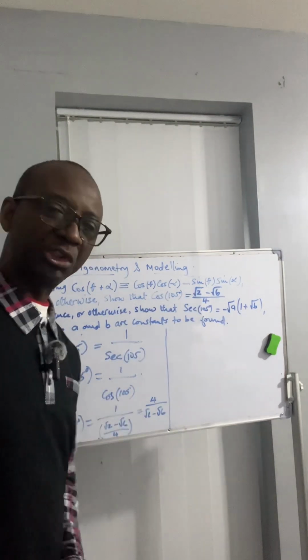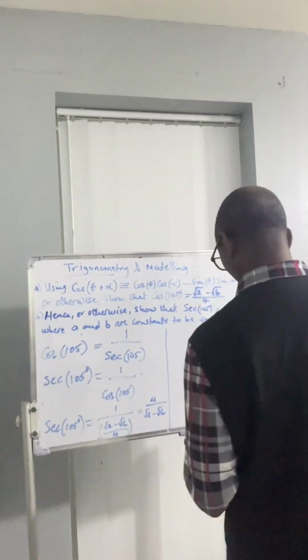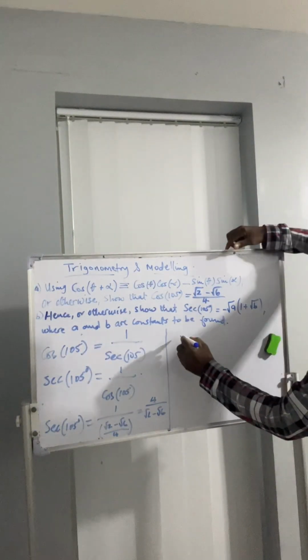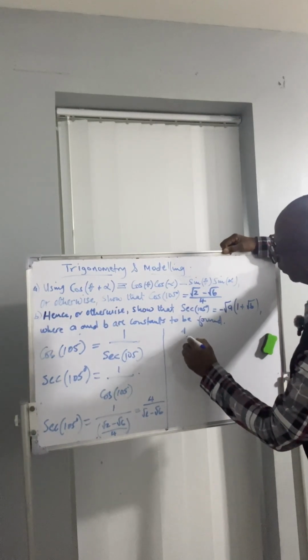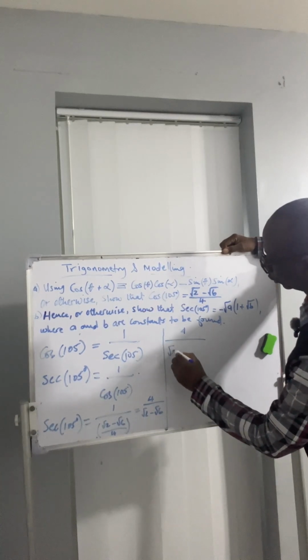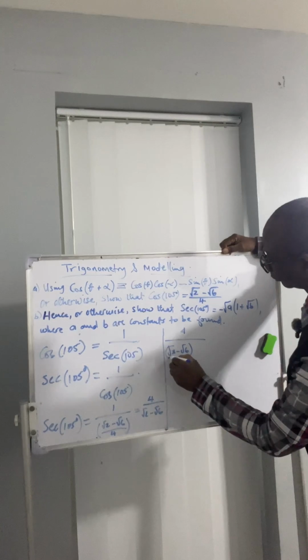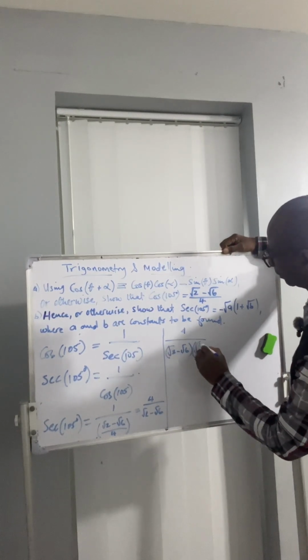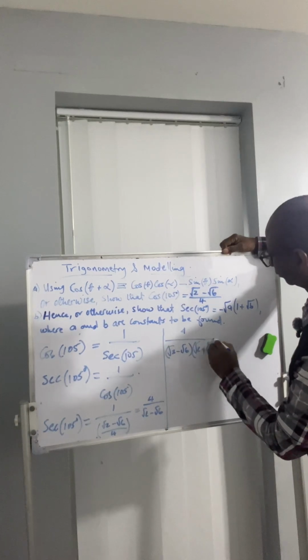So we are going to conjugate the denominator. What does that mean? You now have 4 divided by root 2 minus root 6 times root 2 plus root 6.